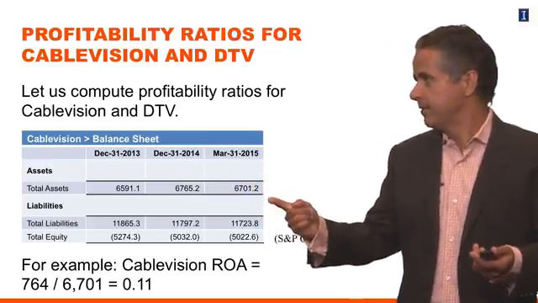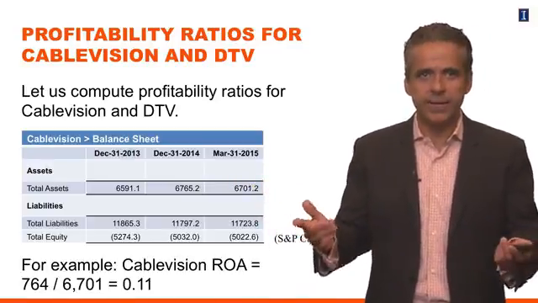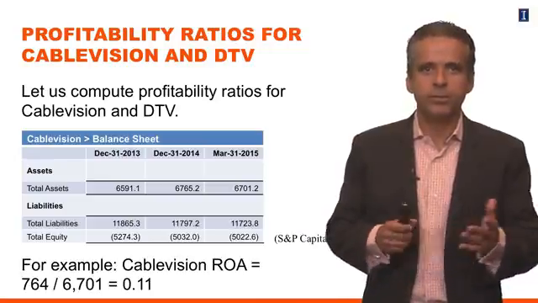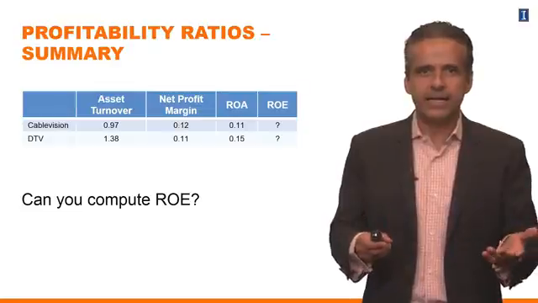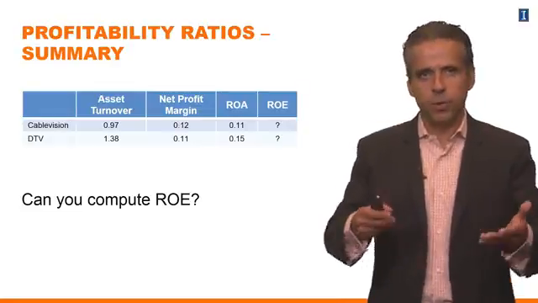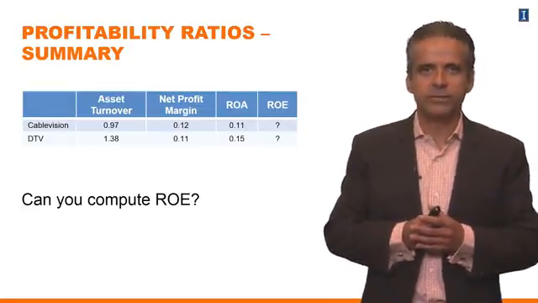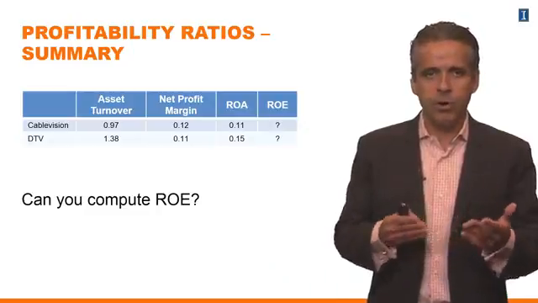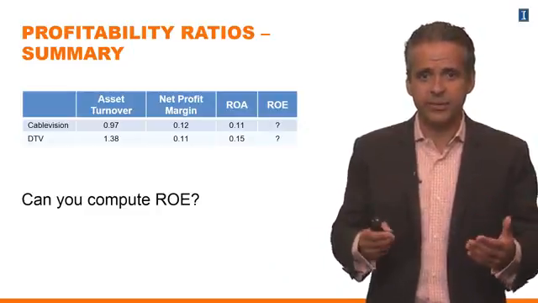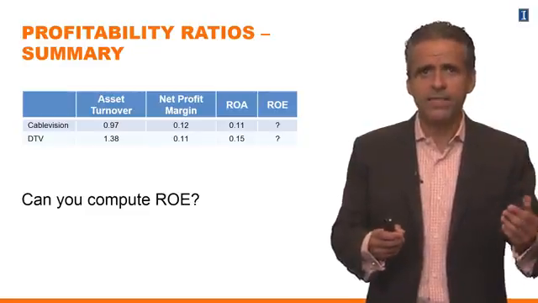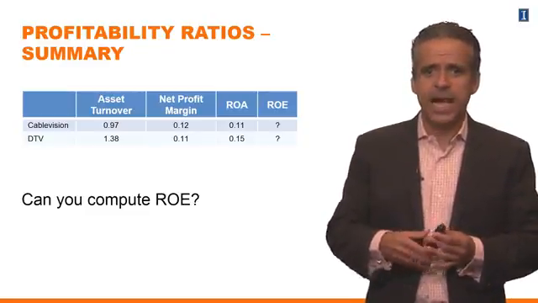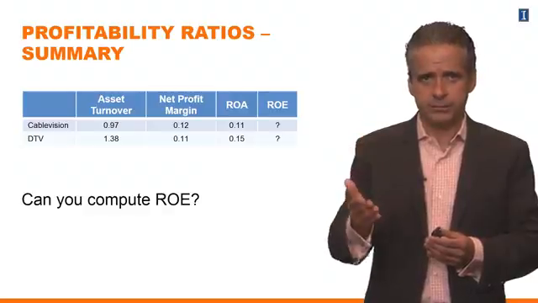The value of assets is here. That should be very simple. Cablevision ROA should be 0.11. You can get the data that I provided, and of course I will provide these calculations as well, so you can verify these numbers, which should be really easy to compute. All of them using the most recent data: asset turnover, net profit margin, ROA.